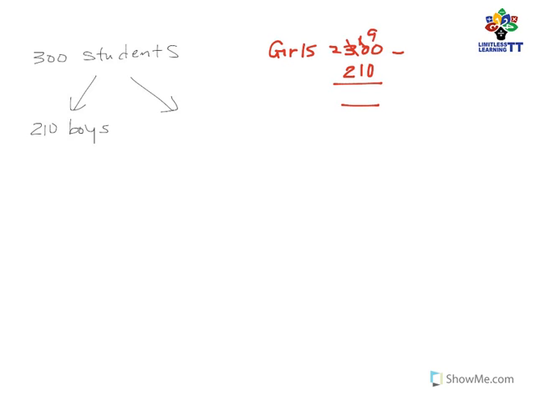So I have 300 students. 210 are boys, which means that girls are going to be 300 minus 210, because your students can either be boys or girls. So if 210 are boys, then the number of girls is going to be 300 minus 210, and that leaves you with 90.